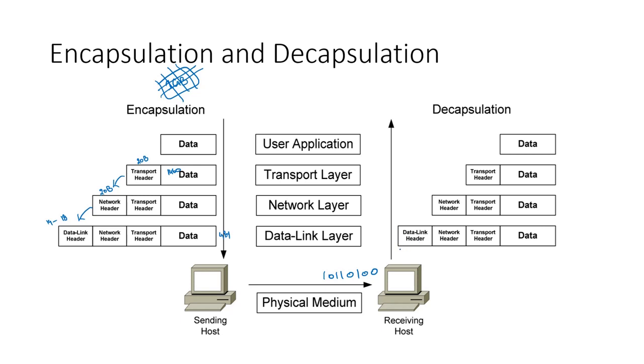It will take the 14 to 18 bytes as layer 2 header, and then it will take the 4 bytes as a trailer. This is a checksum we have. Then it will see, next we have 20 bytes network layer header, 20 bytes transport layer header, and then 1460 bytes of data.